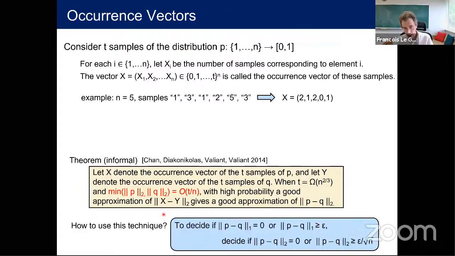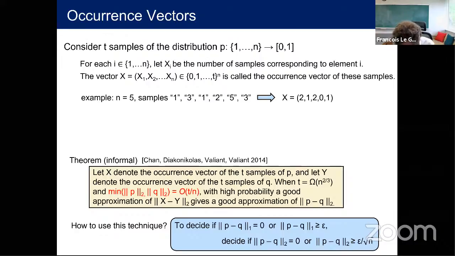Okay, and so how to use this technique for the L1 case? We use the crucial observation that to decide whether this or this holds, it's enough to decide whether this or this holds. It's a very trivial observation.